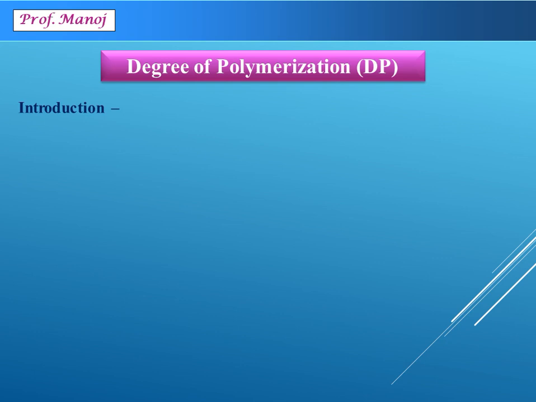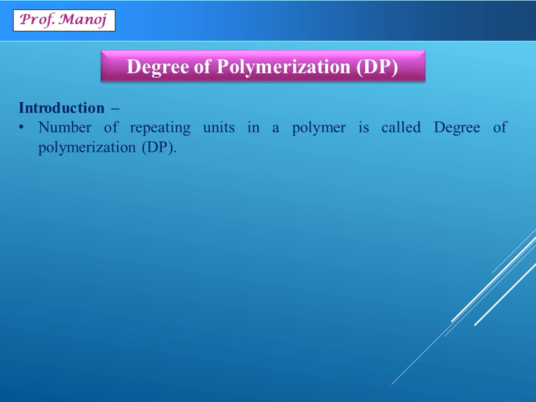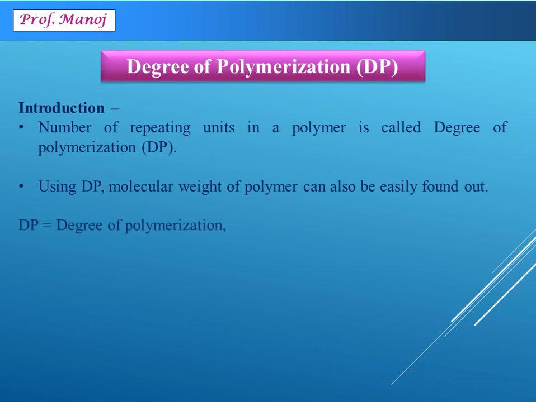Molecular masses of polymers can also be found from degree of polymerization. The number of repeating units in a polymer is called degree of polymerization. Using this degree of polymerization, molecular mass of polymer can also be found more easily.